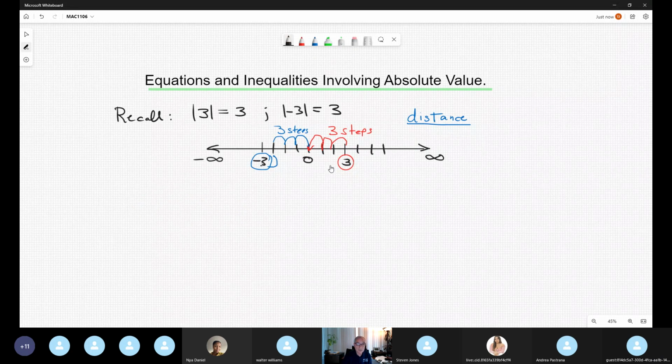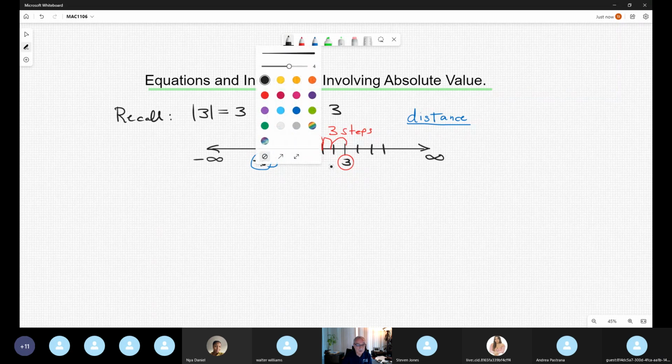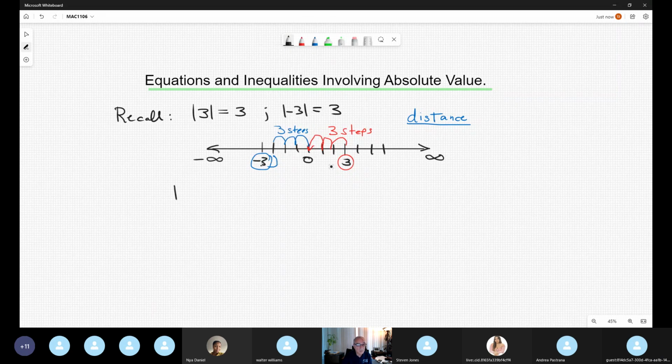Now, for that reason, when you have, for example, absolute value of x equal 3, we have 2 solutions. So this is equivalent: one solution is positive 3, or, much better, the word or, because it's both, x equal -3.